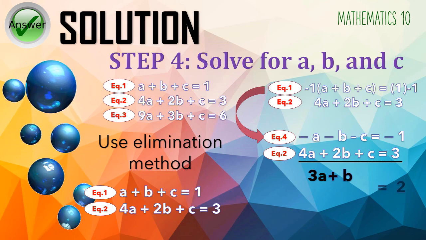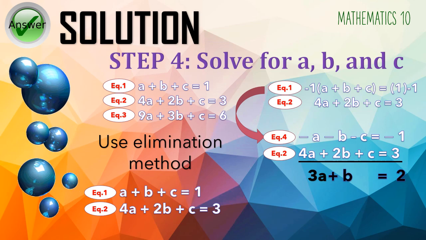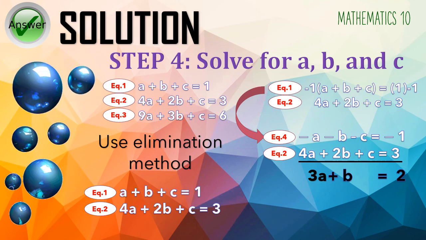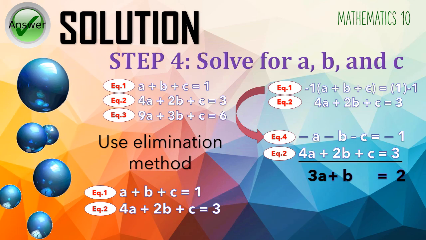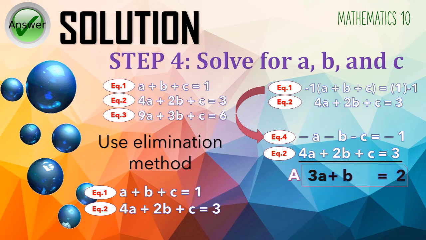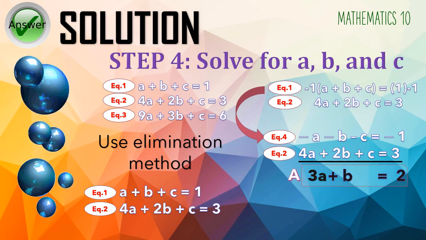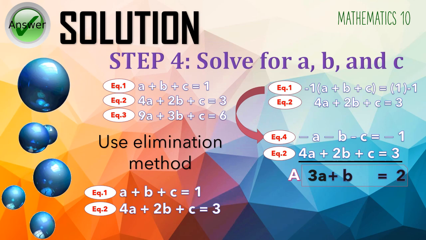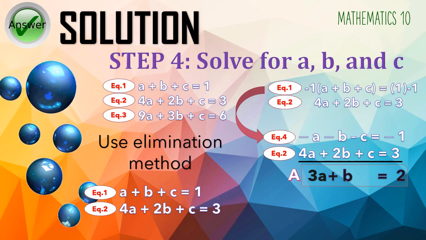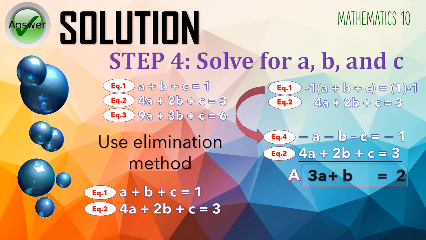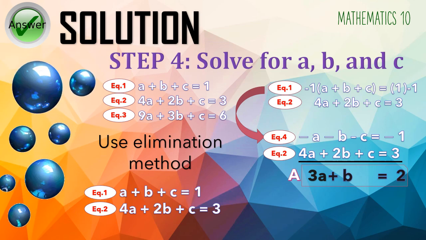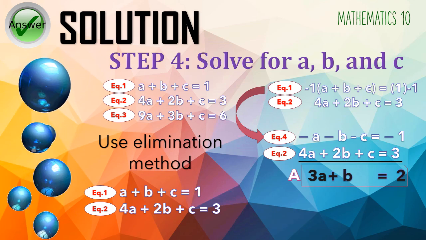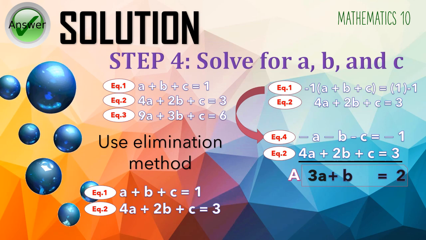And for the constant, negative 1 plus 3, so it's positive 2. Okay, so that means we have our answer 3a plus b equals 2. It's a combination of equation 1 and equation 2. So for now, I will name it as equation A again, so that you will be guided of our answer.